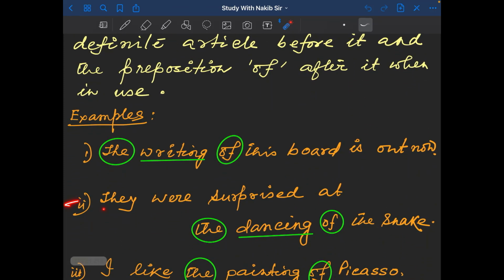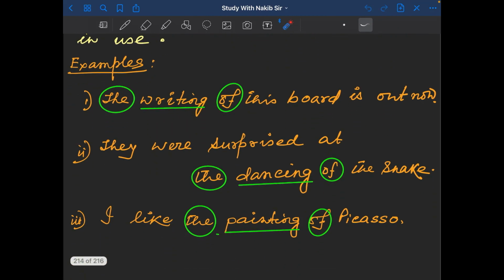Take another example. They were surprised at the dancing of the snake. The dancing of, the writing of. See, "the" and "of" are in between the ing form of the verb. It is a noun here.